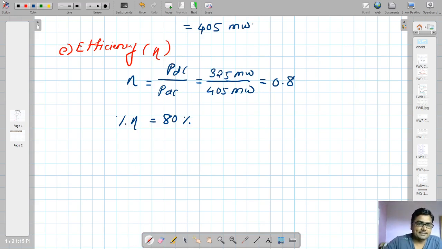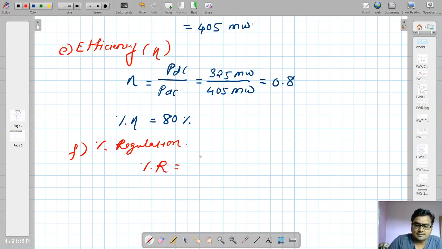Now after E, what is F? Under F, they want percentage regulation. I think this is the last point. Percentage regulation, it means percentage R. Now what is percentage R?